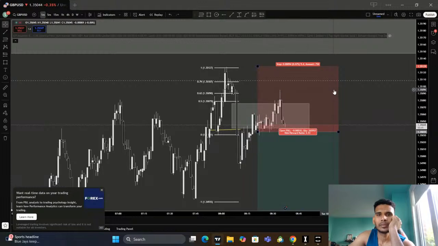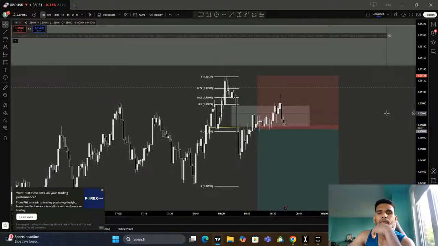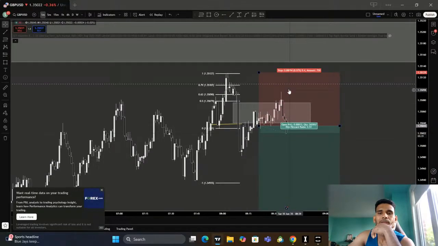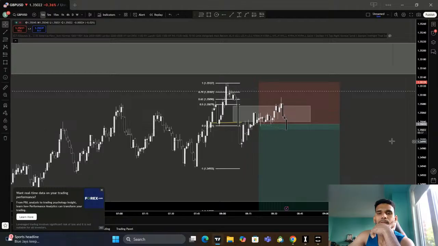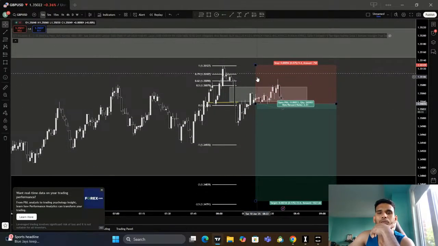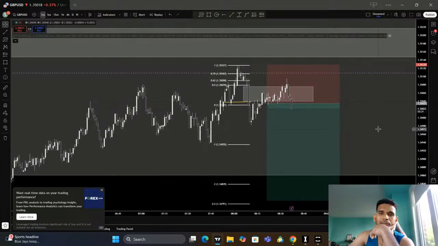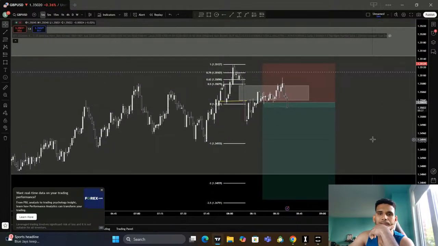I don't like to see any price reach this point. Potentially I move the stop loss once I get the displacement starting from this place. Technically I can move the stop loss at this point, but I just wait and see what's happening.